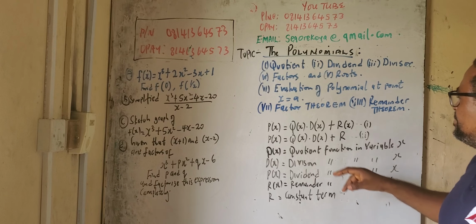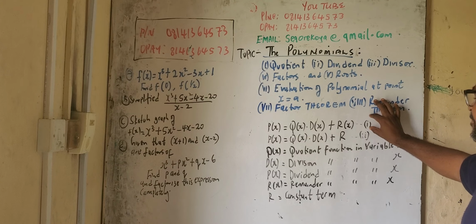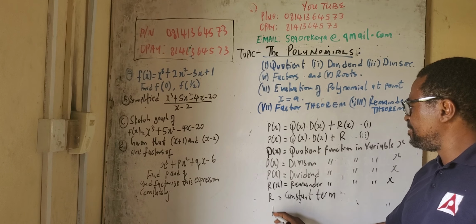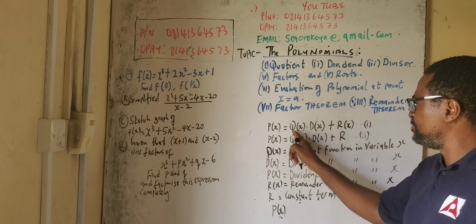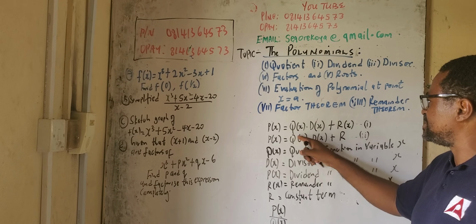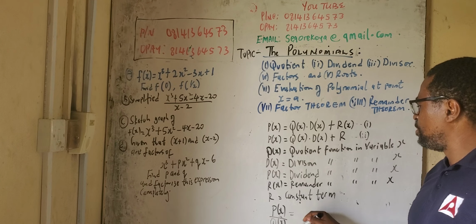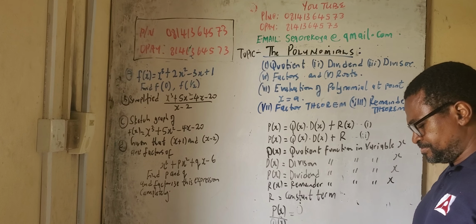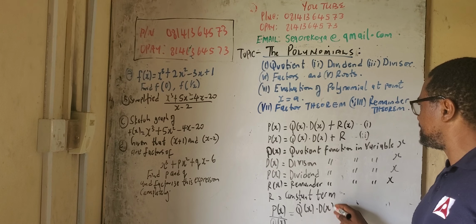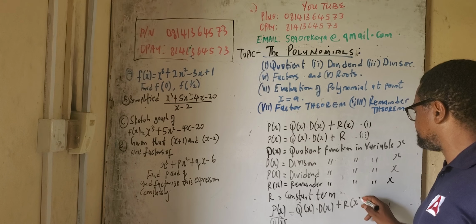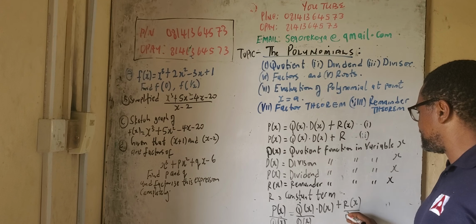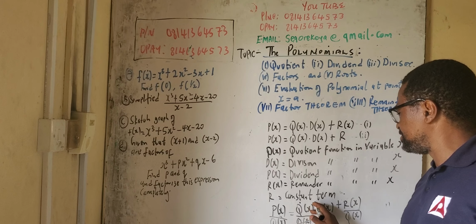Now, let me pick this first equation. If I divide both sides by this quotient function of x, p of x divided by q of x, the quotient function cancels the quotient function.